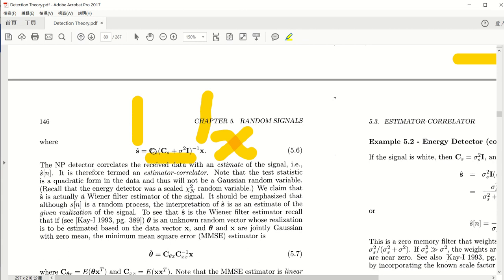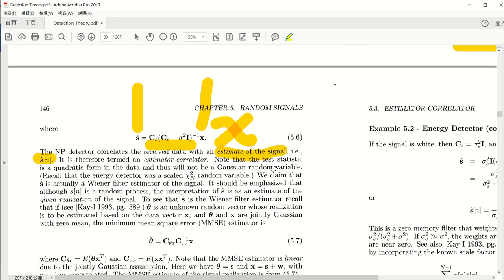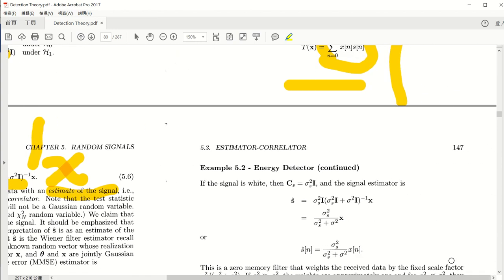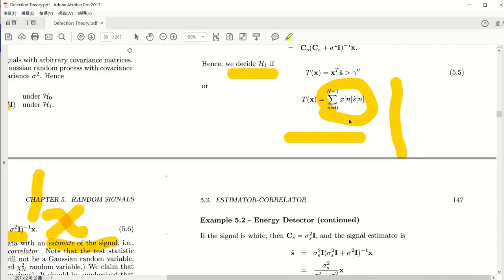As a result, we use the perspective of an estimator. We say that we estimate the signal S with this operator, and it's a linear operator because it has only multiplication of matrices. We operate on the data and we get an S hat, which we call an estimate of the signal. So let's come back to see this again.